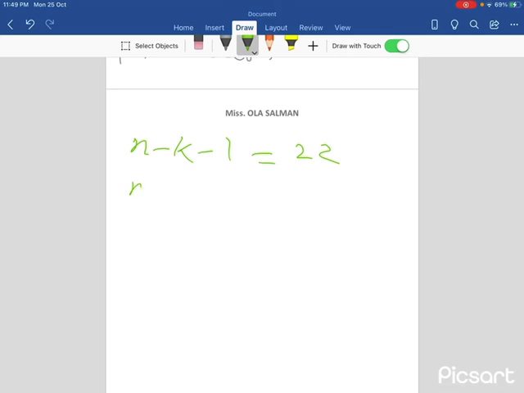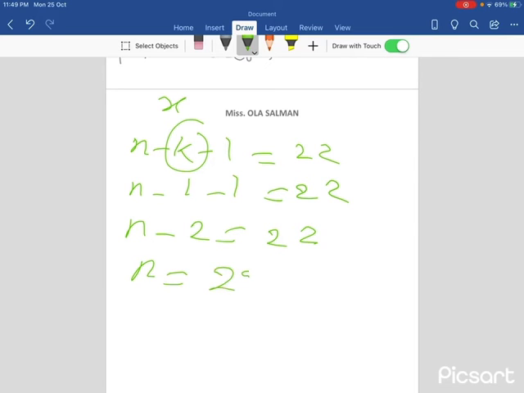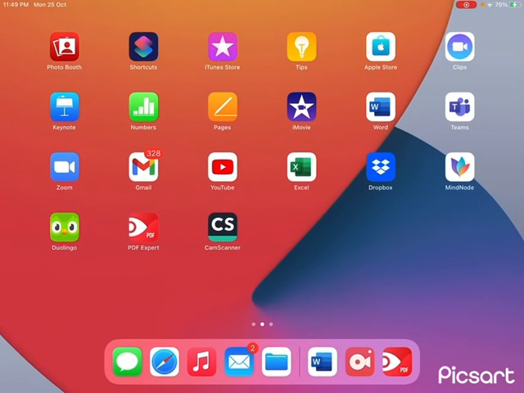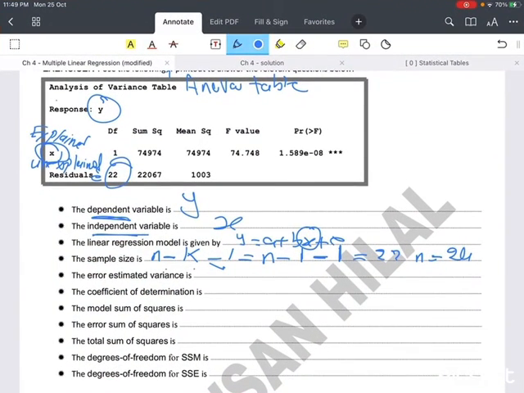So n minus k, only x, so it will be 1 minus 1 equals 22. So n minus 2 is 22, n equals 22 plus 2, n will be 24. Okay, n will be 24. So we used this value.